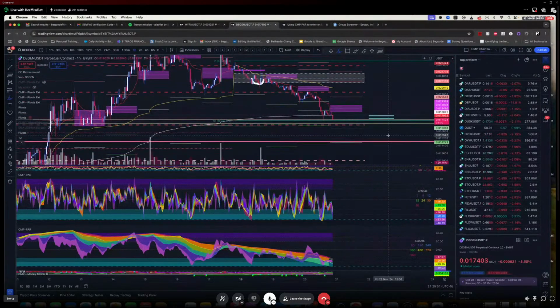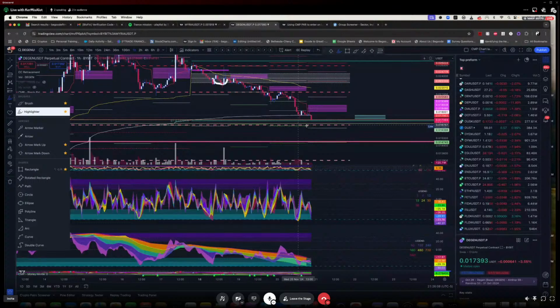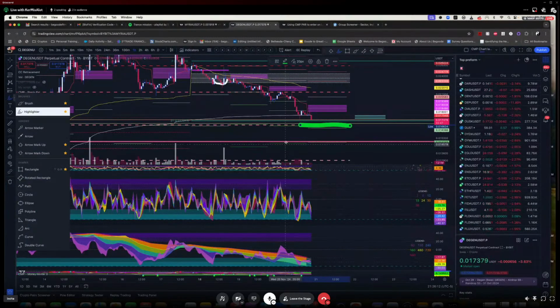All right. Well, Degen, a lot of support in here, and the par gap is still setting up. I'm looking at this coin here, it's painful. Oh yeah. I'm looking at the bottom, less than a penny.